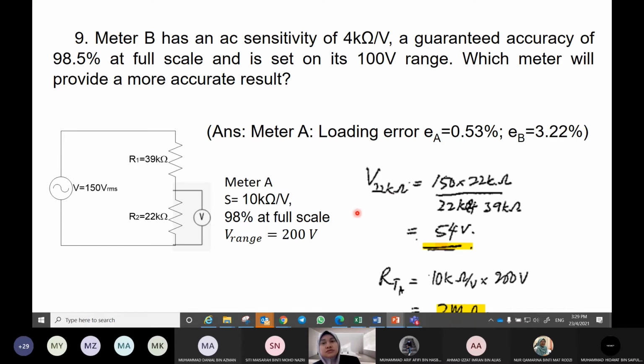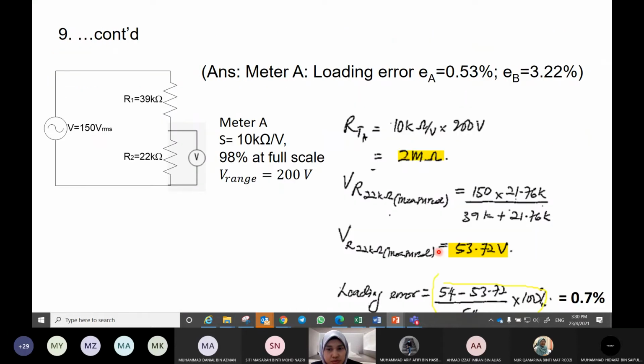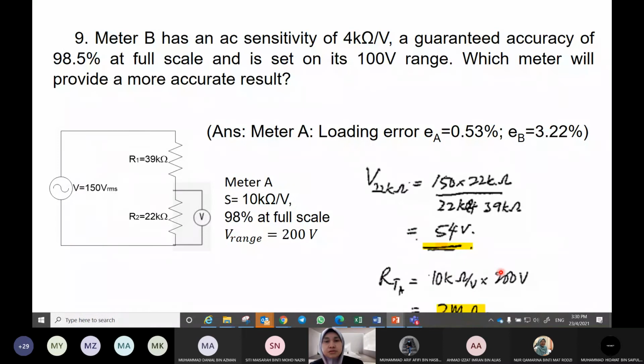Now we calculate V at 22 kilo ohm, the actual voltage drop across 22 kilo ohm: 22K divided by 22K plus 39K multiplied by the voltage source 150, so 54 volts across R2. This is the actual voltage from the calculation.